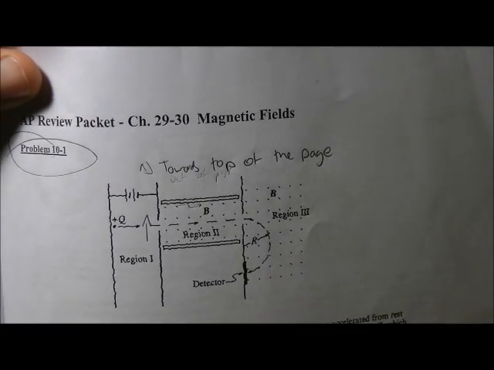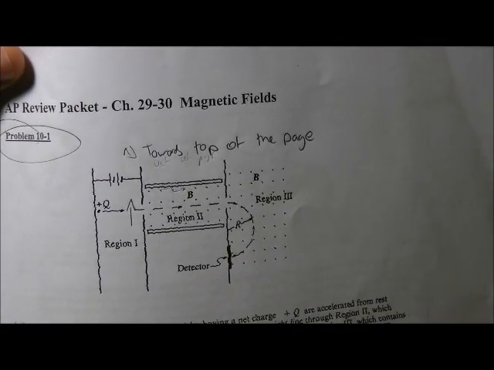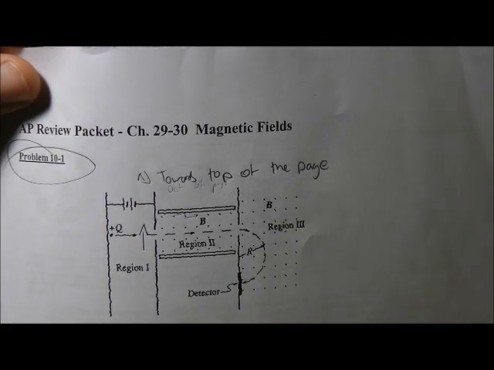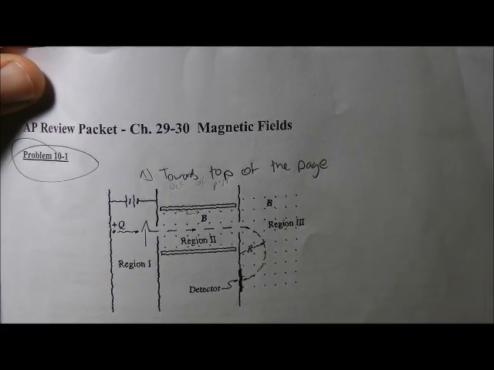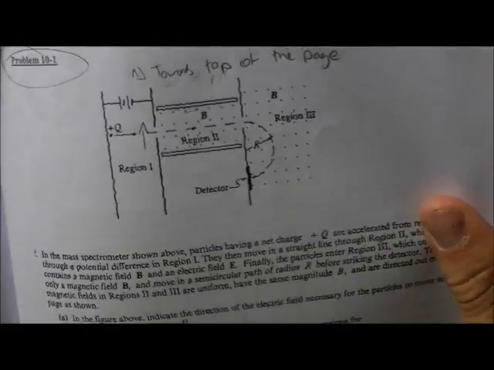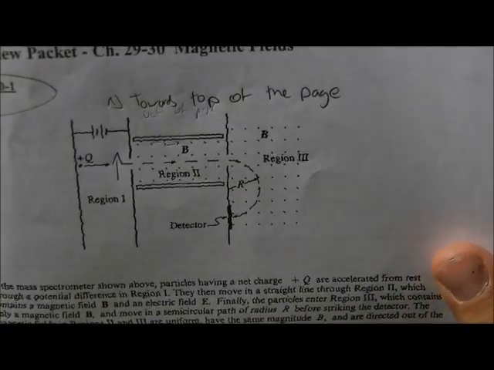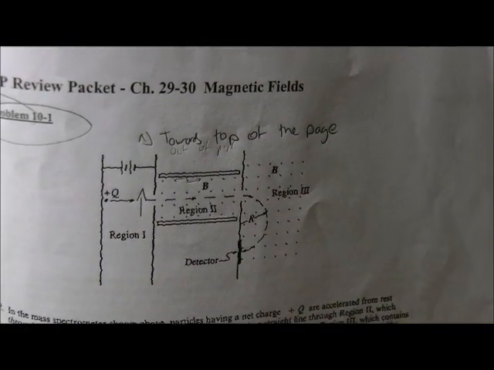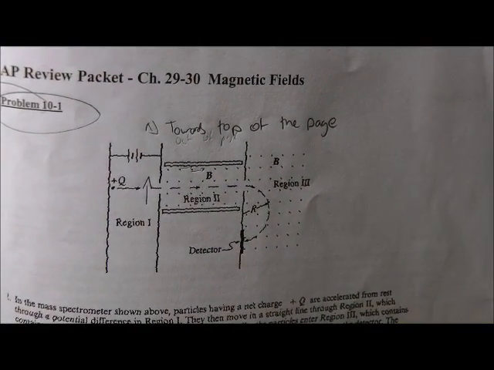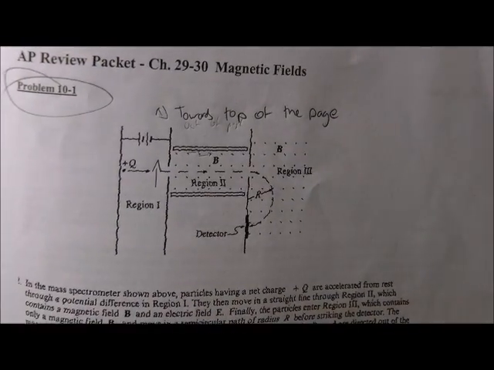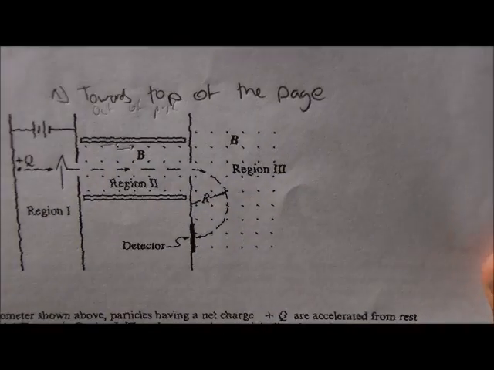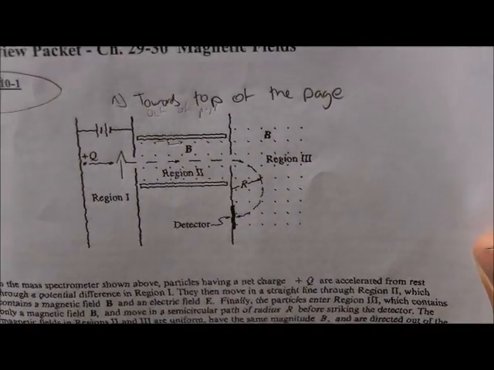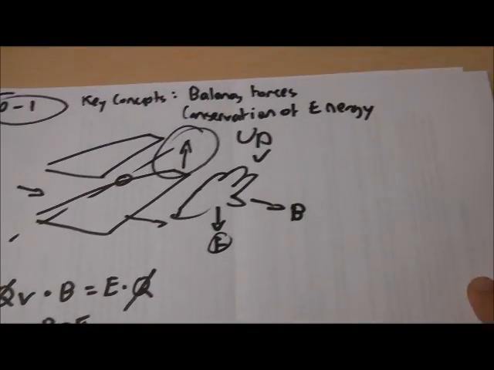So you can use the forces to determine the mass of the charge. The forces we'll be using here are the centripetal acceleration and the force caused by the magnetic field in region 3, and the velocity of the particle.